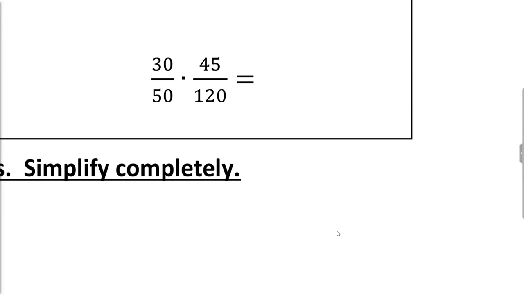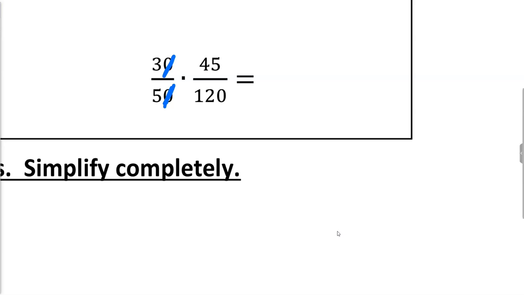Okay, you guys, you can cross cancel, right? You can also cancel anything like that. Anything on the top, anything on the bottom. It doesn't even have to be cross. But it can be. You'll get the same thing either way. So like here, 30 and 50, I can do like 3 and 5. So you don't have to go across.